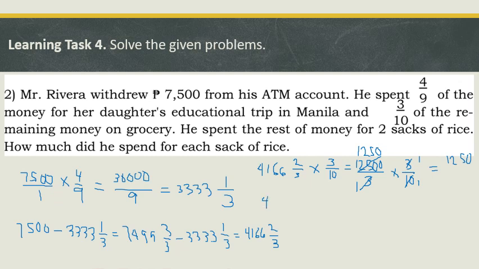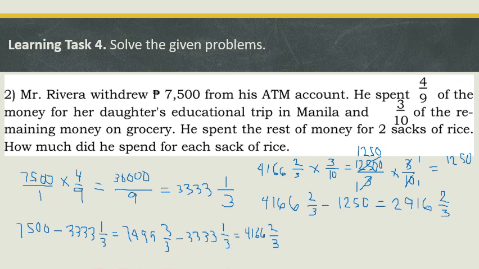So, minus nga natin, ilan ang matitira kapag binawasan na natin yan ng 1,250. So, ito, madali lang to kasi ang may fraction ay yung nasa unahan. Okay, so, i-minus natin. So, ang matitira is 2,916 and 2/3. So, ito yung pera na natira.